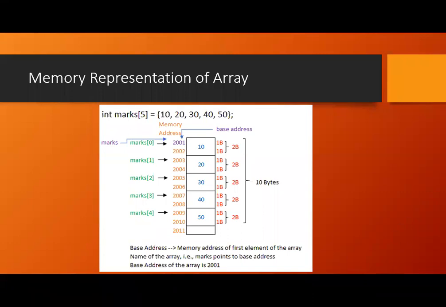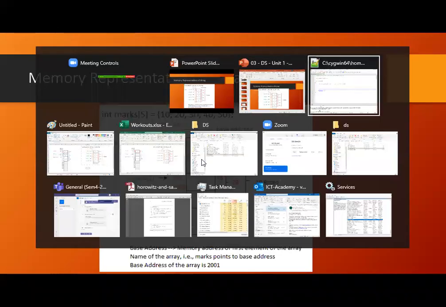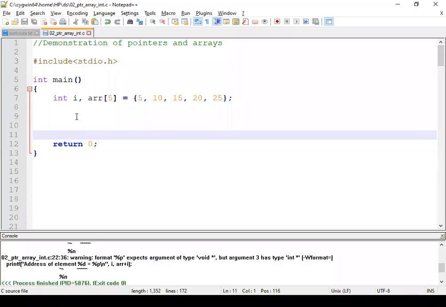Yes, sir. Okay, now let us try to understand this theoretical concept with the program here. Let me share the other screen. Are you able to see this particular Notepad++? Is it visible? Yes, sir. Now, what I have done here is that I have taken some variables, one variable I and one particular array. The name of the array in this case is ARR.